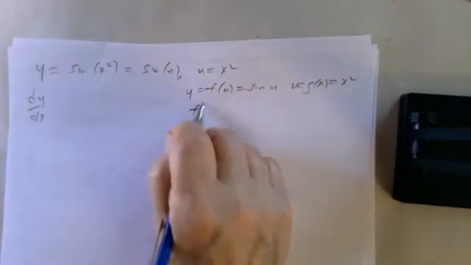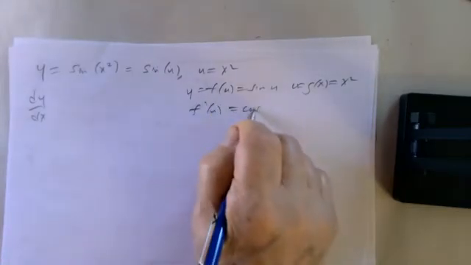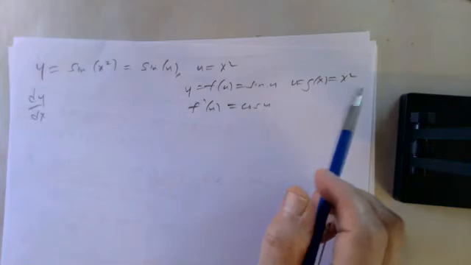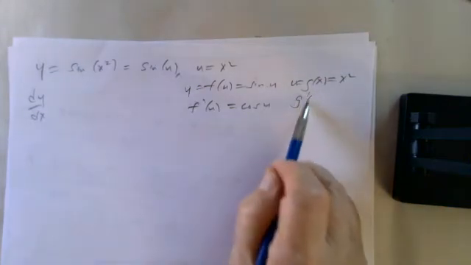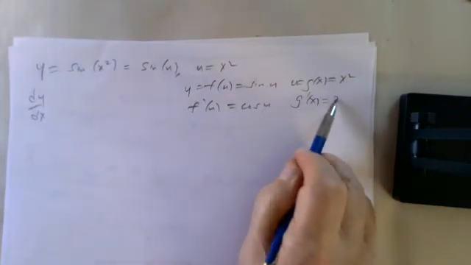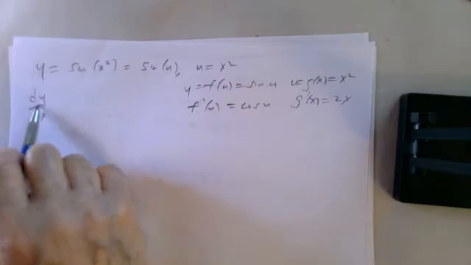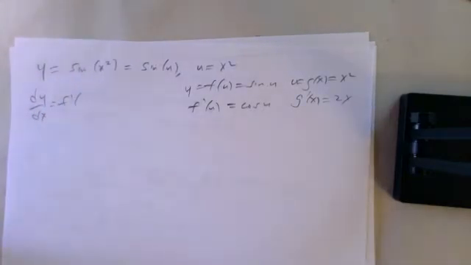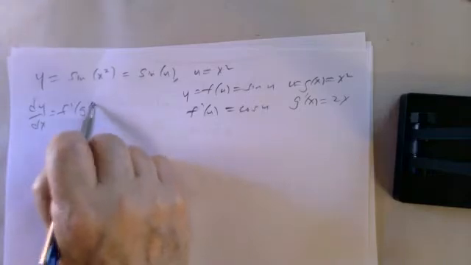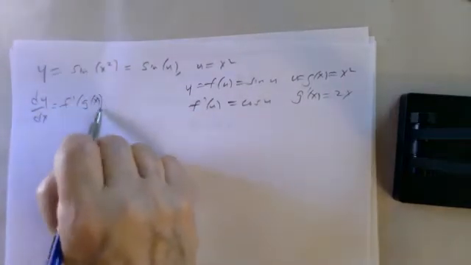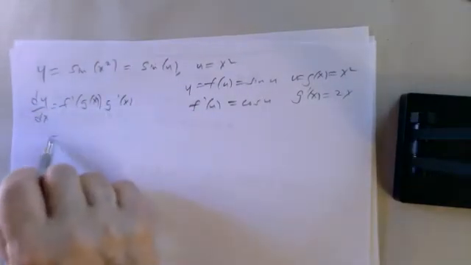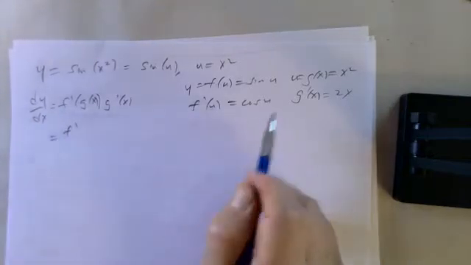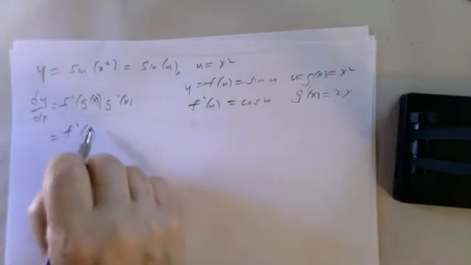So f prime of u is cosine u, because the derivative of the sine is the cosine. And g prime of x, that's just the derivative of x squared, that's 2x. So dy dx is f prime of g of x times g prime of x. What is g of x? X squared.